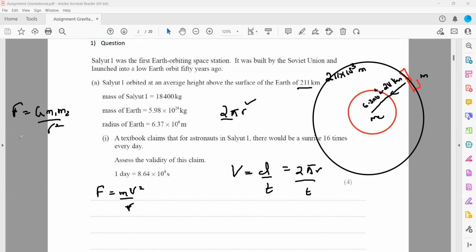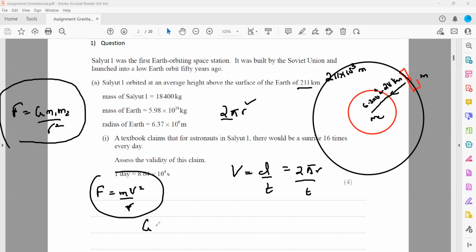So when we compare the two equations, because the gravitational force is equal to centripetal force, G m1 m2 over r squared is equal to m v squared over r. M1 is the mass of the satellite and m2 is the mass of the Earth.